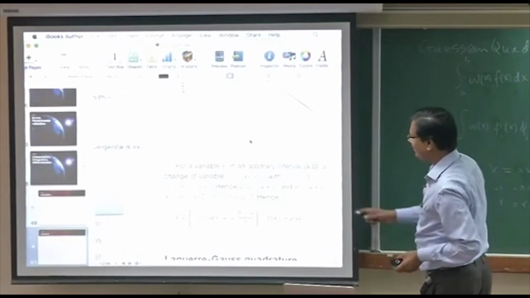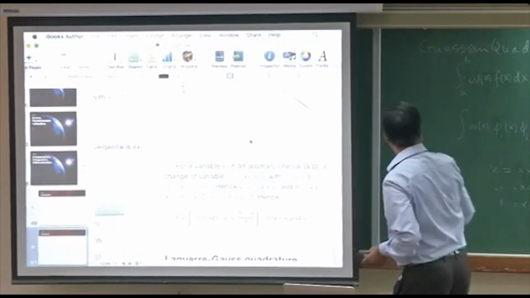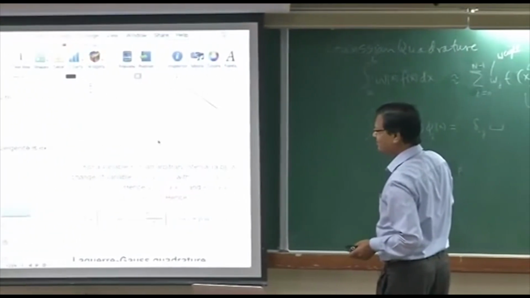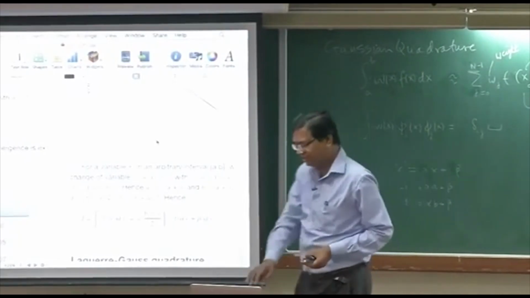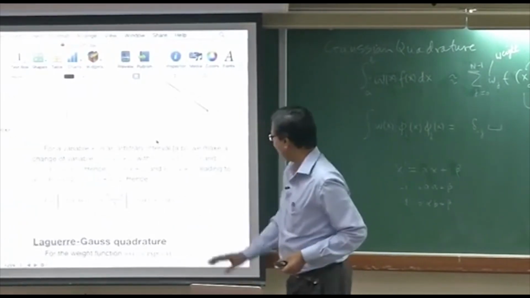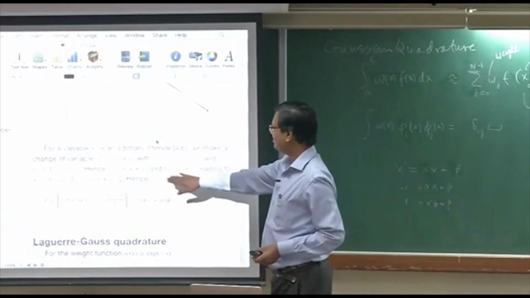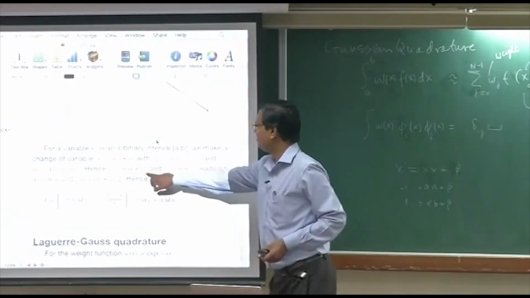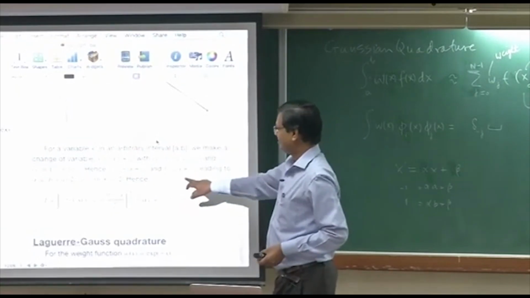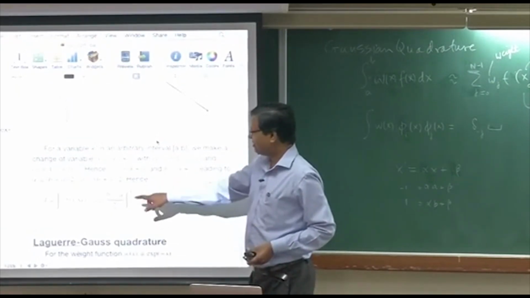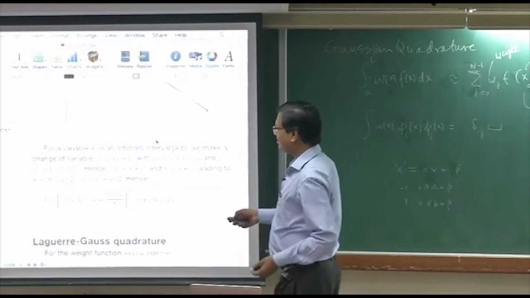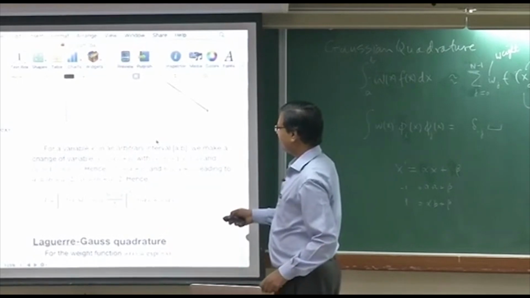So x prime is minus 1 when x equal to a, and x prime is 1 when x equals b. So alpha and beta will come out to be that. My interest is to compute this object x prime.